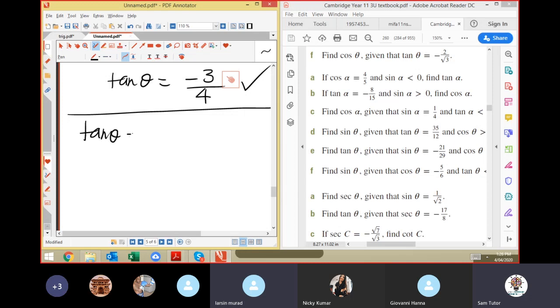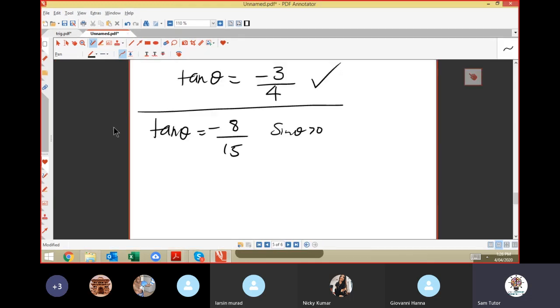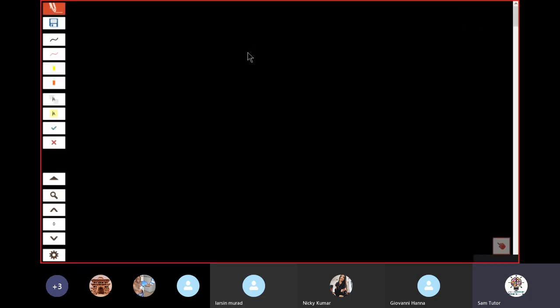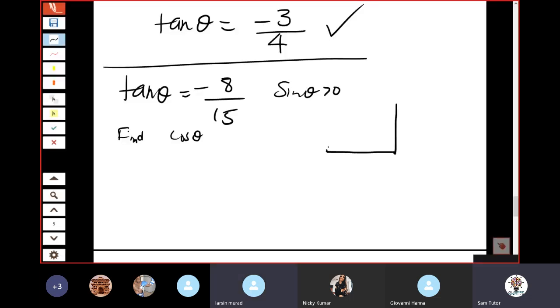Tan theta equals negative 8 over 15. Sine theta is greater than 0, which means again it's just positive. Find cos theta. All right. So first thing I'm going to draw is this triangle.